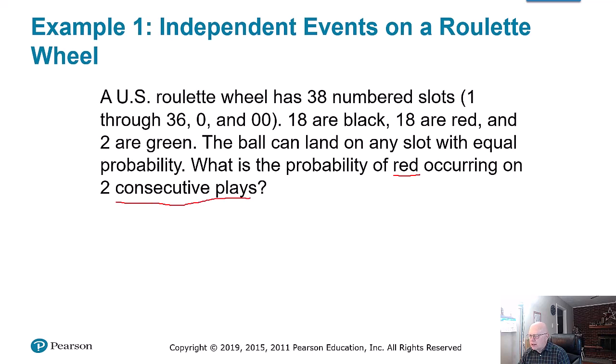So one of the important things is they're independent events. Regardless of what happens on the first roll of the roulette wheel, it doesn't affect the second one. The second one occurs as if the first one never occurred at all. So they're independent events.